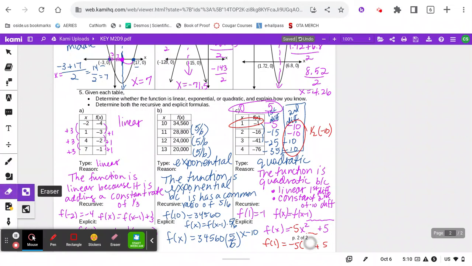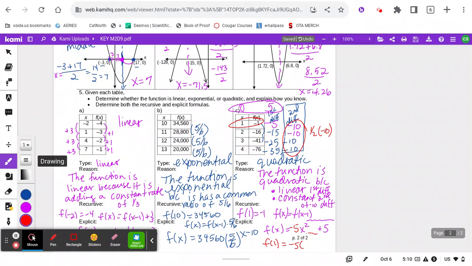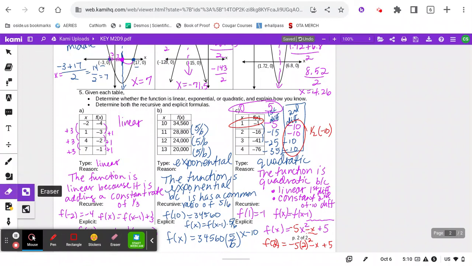Ooh, it does have a B value. Let's test the 2 just to see if it's what I'm thinking. F of 2 equals negative 5 times 2 squared. 2 squared is 4, negative 20, negative 20 plus 5 is negative 15. I still need one more x. So minus 1x is my B value. If any of you got that on your own, wow, wowzers. That was a tough one.